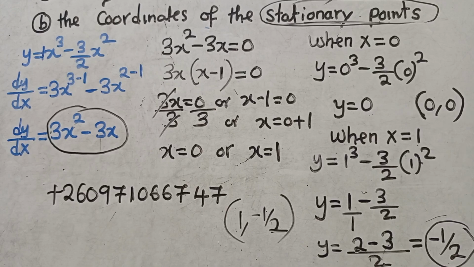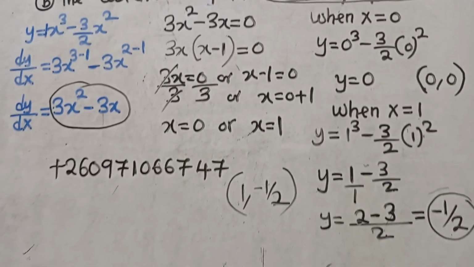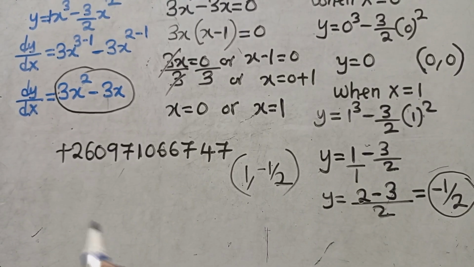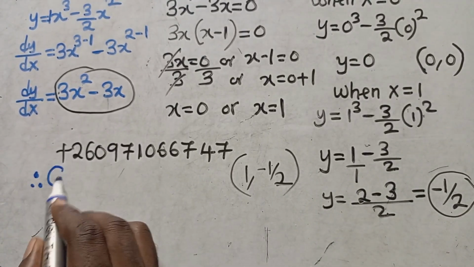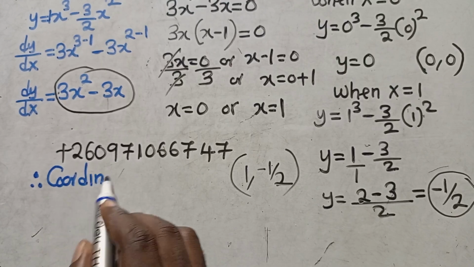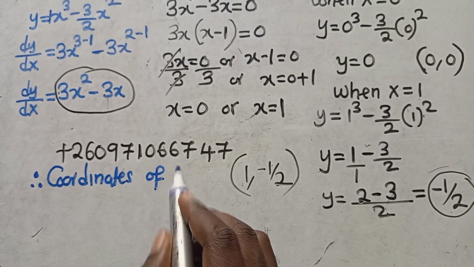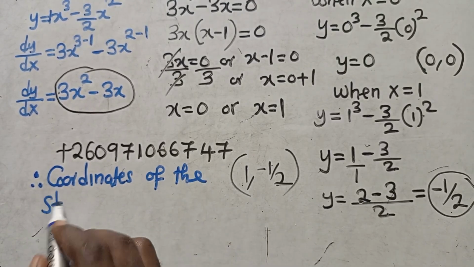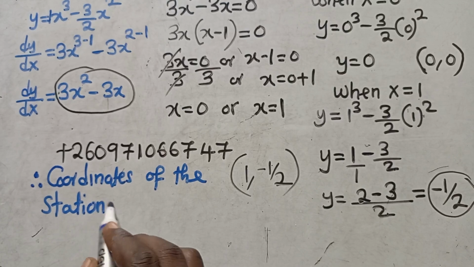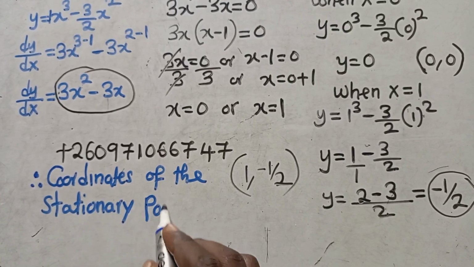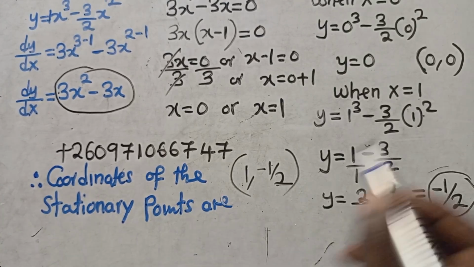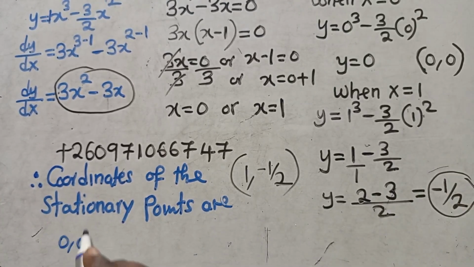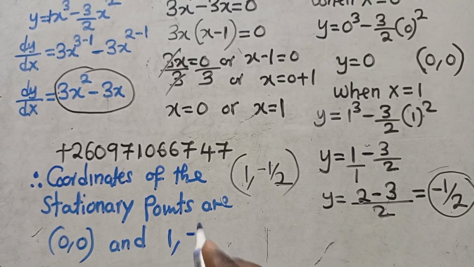Therefore, you conclude and say: the coordinates of the stationary points are the first one, which is 0, 0, and 1, negative 1 over 2. These are the coordinates of the stationary points.